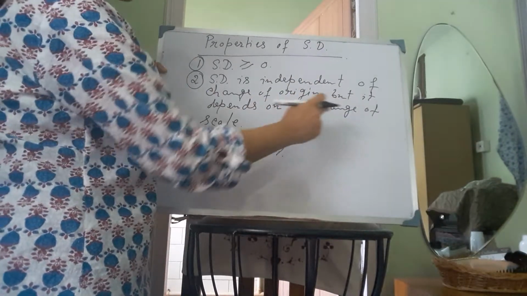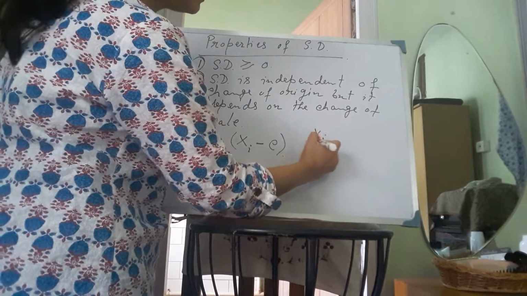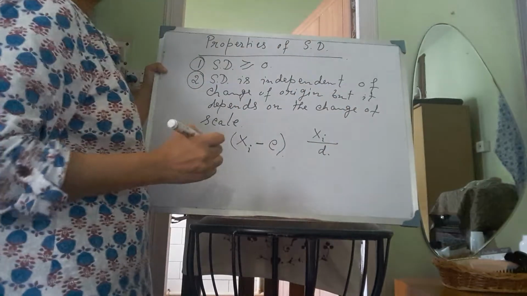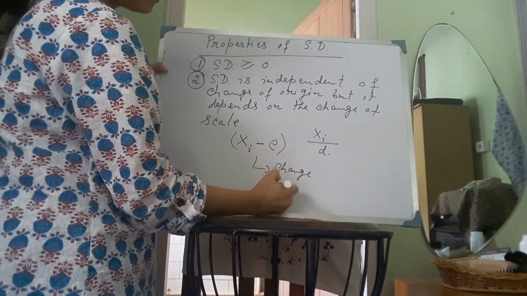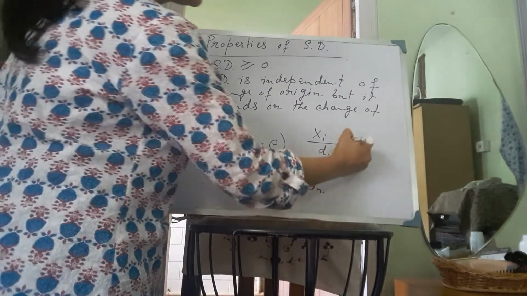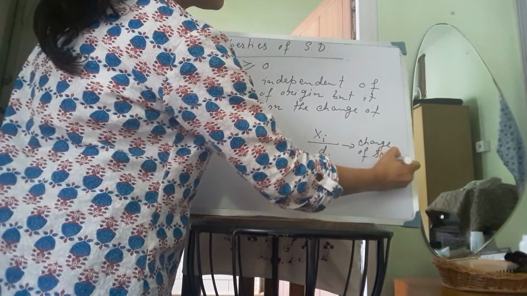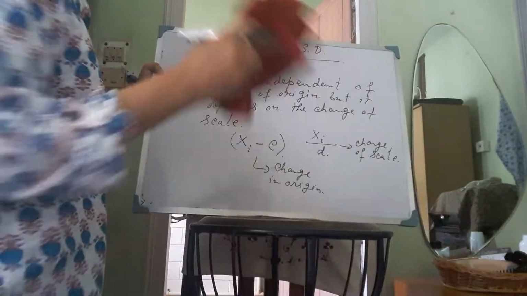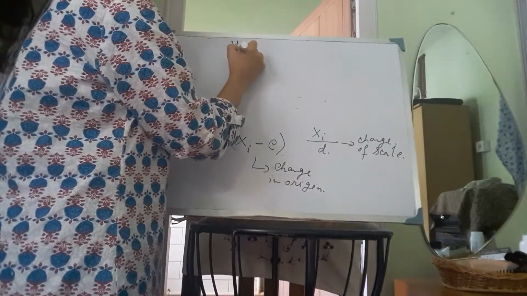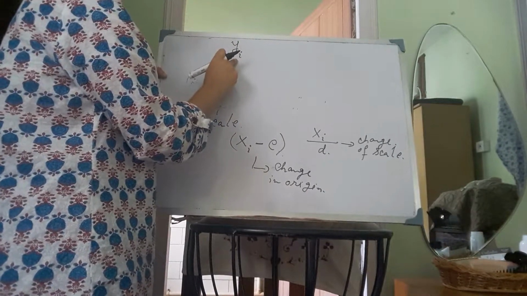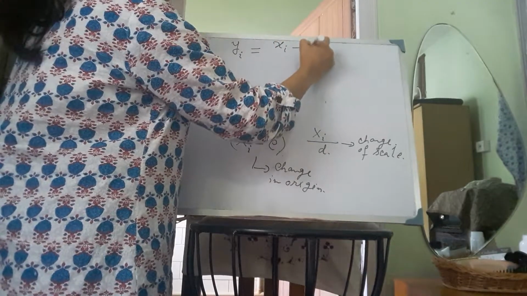And what is change of scale? If we want to change the scale of the data, then we have to divide the original data by a constant term d. So this is the change of origin, and this is the change of scale of the data. Now if we consider simultaneously the change of origin and change of scale, then we have to transform the data, and that new data can be denoted by yi, where yi is equal to xi minus c divided by d.